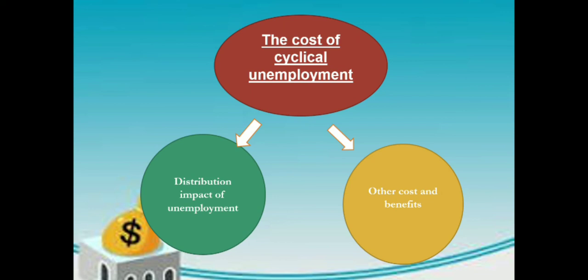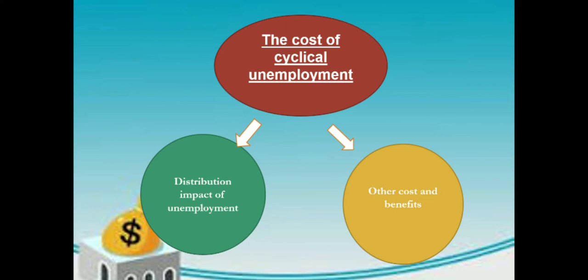The other costs and benefits include possible offsetting benefits, because the unemployed, by not working, have more leisure. However, the value that can be placed on that leisure is small in the first place. Much of it is unwanted leisure.